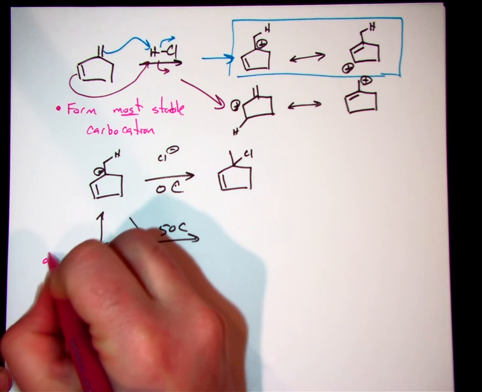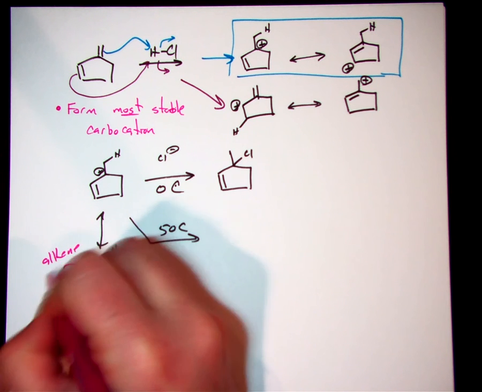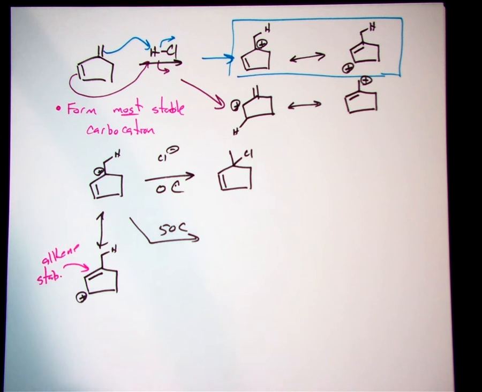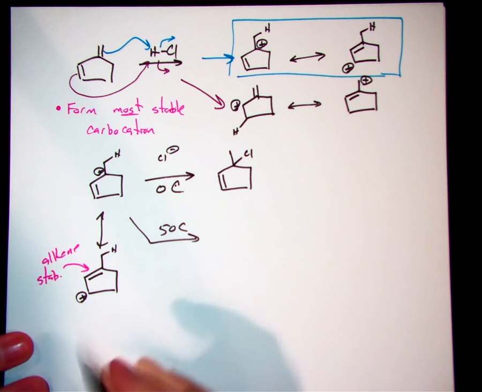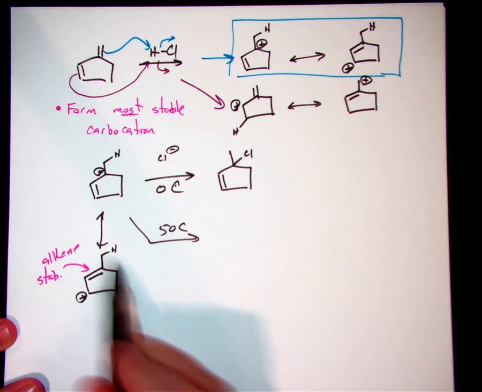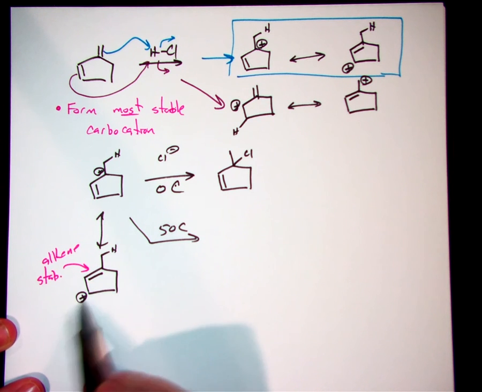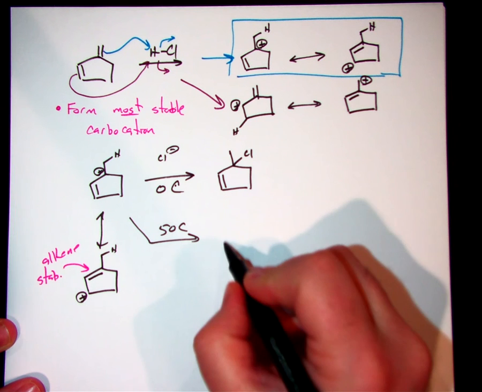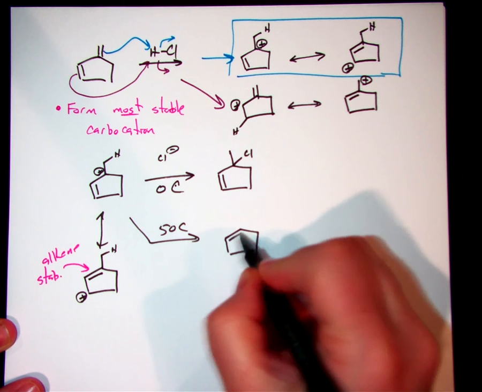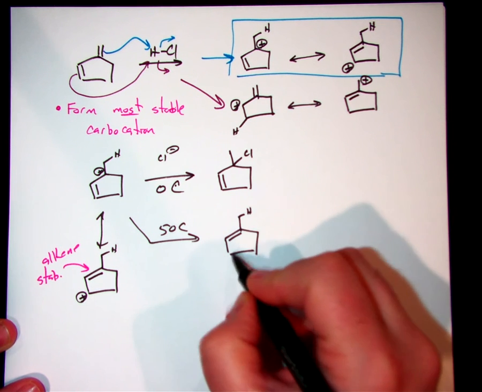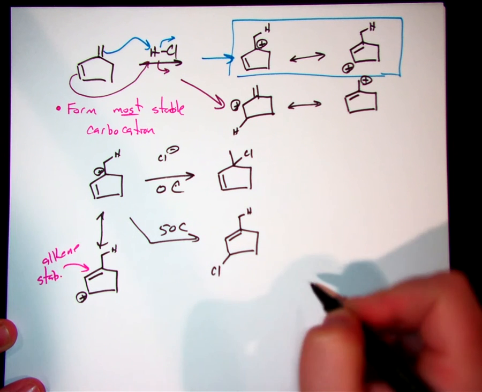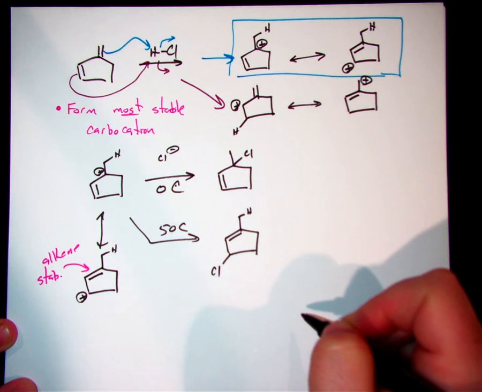So it's the alkene stability which is going to be important in this case. So we go for the more stable alkene. Thermodynamically, that's going to be the favorable outcome, which means the chlorine is going to attach to this position. So a hydrogen was added at the 1 position, and now the chlorine is added at that 4 position.